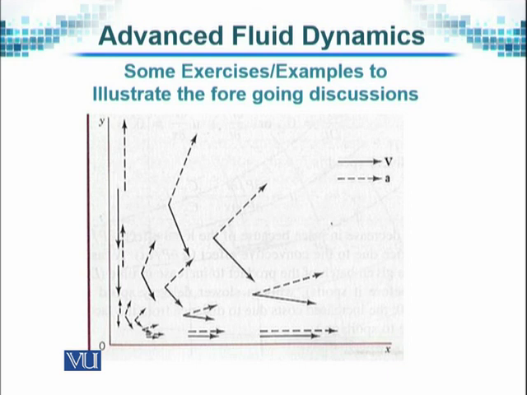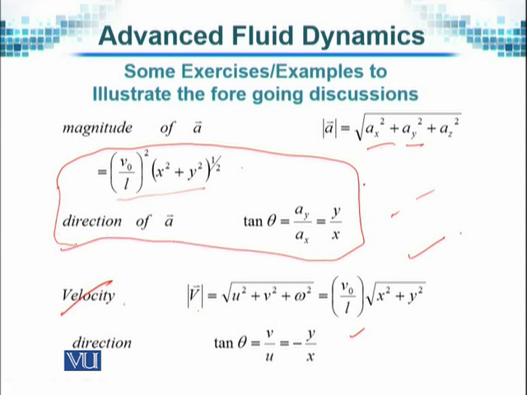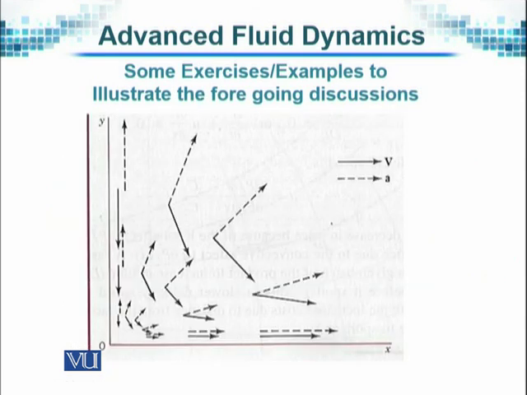What we need to do is to give different values for x and y. These are the quantities of acceleration, and this is the quantity for the velocity field. When we try to plot them, the velocity vector is the straight line as shown.